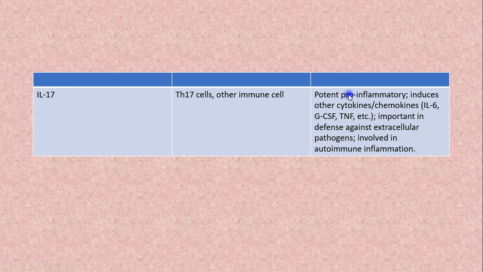They have a potent pro-inflammatory action, induce other cytokines or chemokines such as interleukin-6, G-CSF, tumor necrosis factor, etc. They are important in defense against extracellular pathogens and involved in autoimmune inflammation.